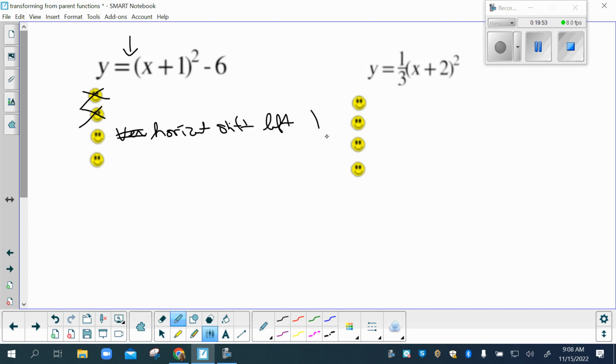And then finally, he's got a vertical shift down 6. That's it. Can you do me a favor? Can you try number 3 on your own? There's going to be some stuff that's skipped, and that's okay. Try number 3 on your own.